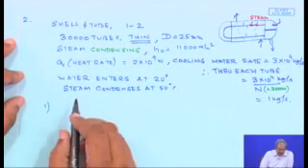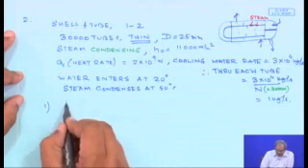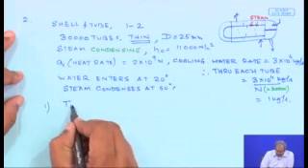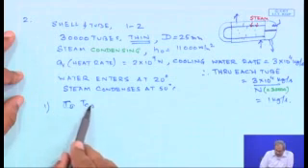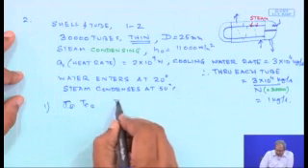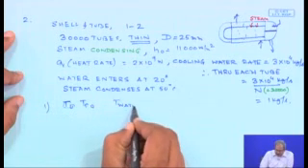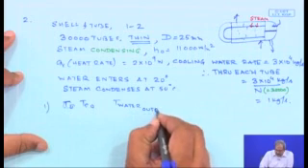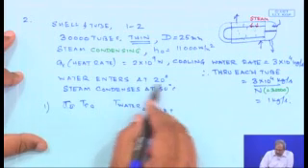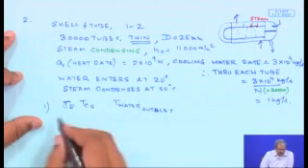So, the first thing that you have to find out is the temperature TCO, the outlet temperature of the coolant liquid. That means, what is the T water outlet? The inlet is 20, what is the outlet temperature?